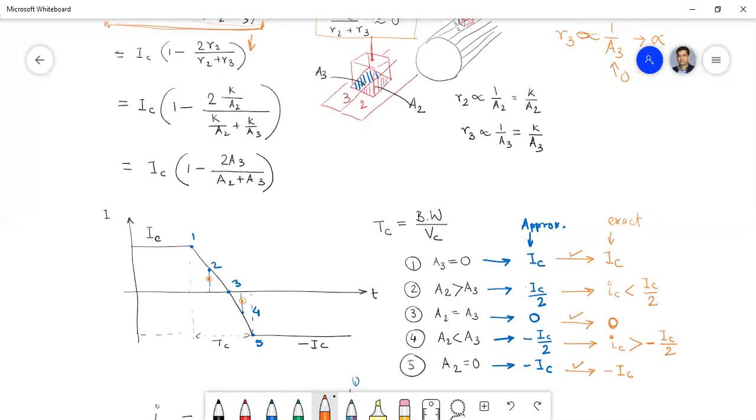If this is IC by 2, because that is exactly at half, and this is minus IC by 2. So this is IC by 2, sorry, that is positive, and this is minus IC by 2. Okay, so that means we can approximate the curve like this.